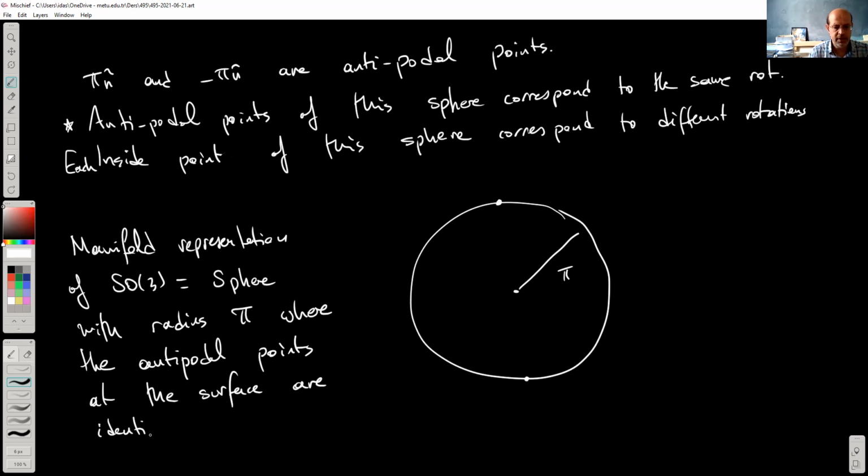Well, they correspond to the same rotation, okay? So this is a complicated topological structure, right? I mean, if it was just a sphere, there would be no problem, right?